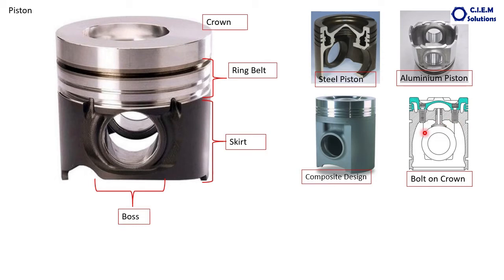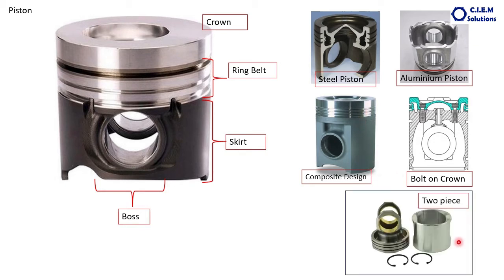This is called the composite piston. It's a single piece, but the top portion is steel and the bottom portion is aluminum. This is the two-piece piston I told you about. This is the steel, which takes the complete load, that is the compression load and also the connecting rod load, accommodating the connecting rod, whereas this aluminum body just acts as the guide.